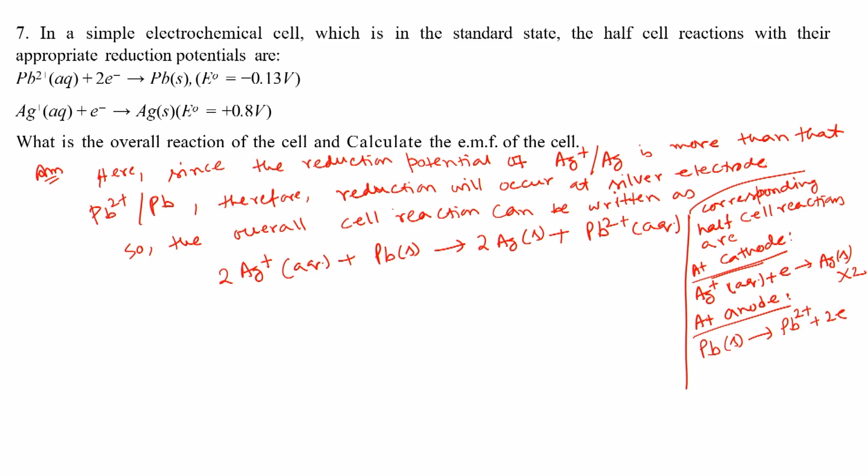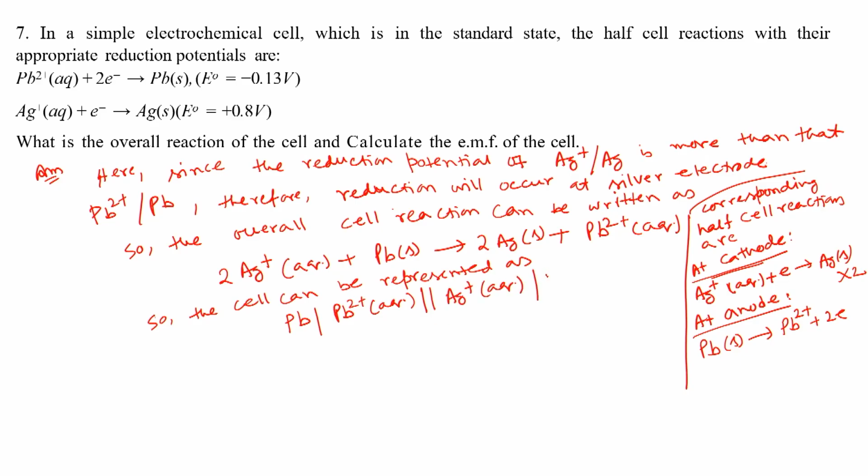The cell can be represented as Pb, Pb2 plus aqueous, then Ag plus aqueous, and Ag. This is the representation of the cell.